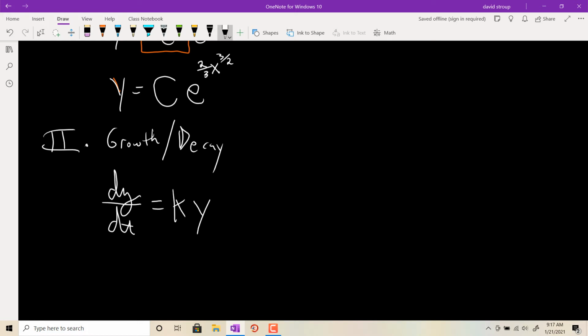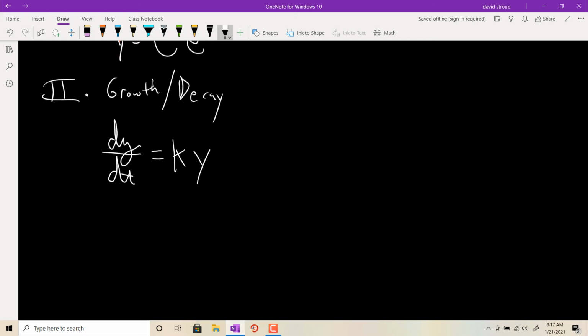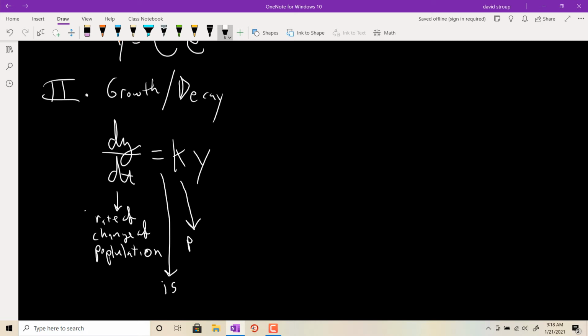What does this thing say? We'll pretend y is some sort of population. It's saying that the rate of change of the population with respect to t, so this is the rate of change of population with respect to time. Oops, I butchered the word population, I apologize. Is, that equal sign, you read it as is. The k is proportional.